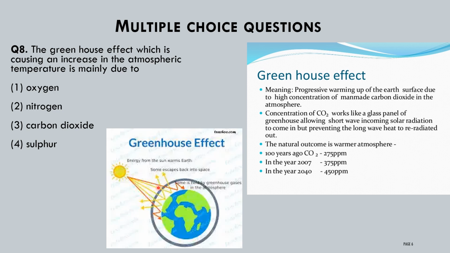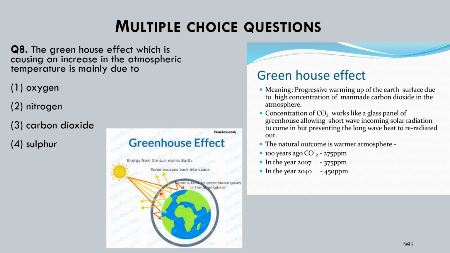But because of the presence of carbon dioxide, the atmospheric temperature increases. This forms a glass panel, or glass layer, around the earth's atmosphere. It will not allow the radiation to escape from the earth's atmosphere.